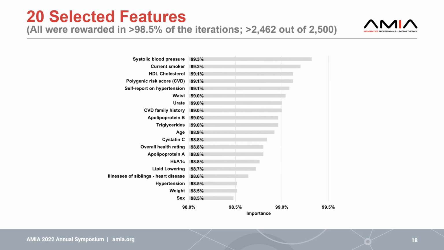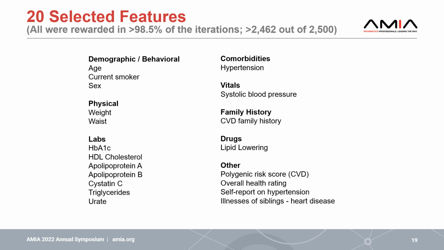Here are the 20 top features that our method identified: blood pressure, being a smoker, HDL, genetics, and so on. I'm just showing it for an initial impression to see what the features are like. And they make lots of sense.